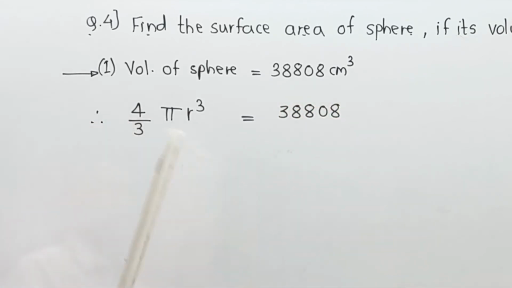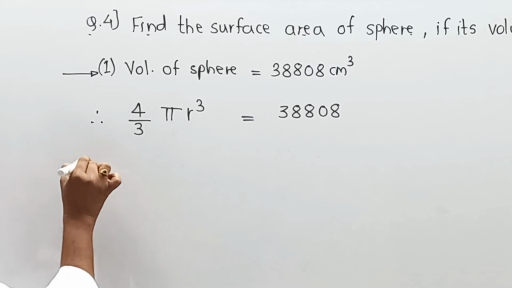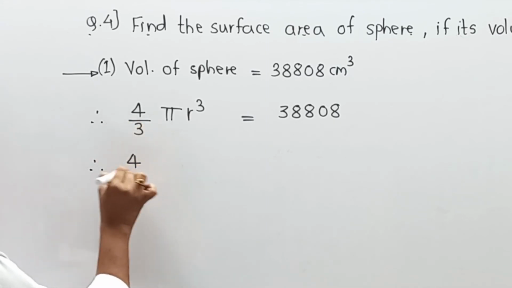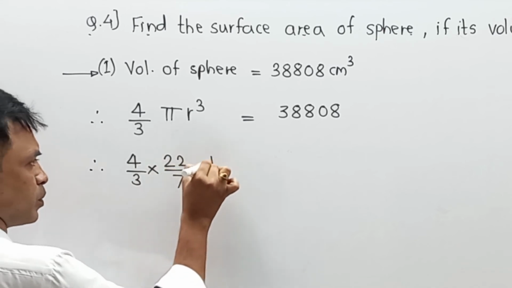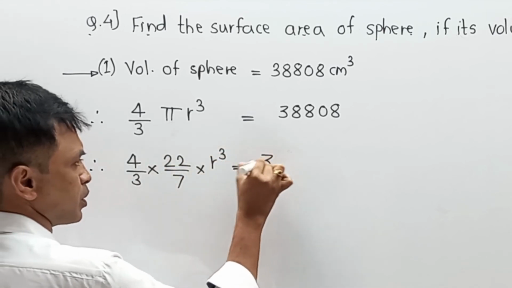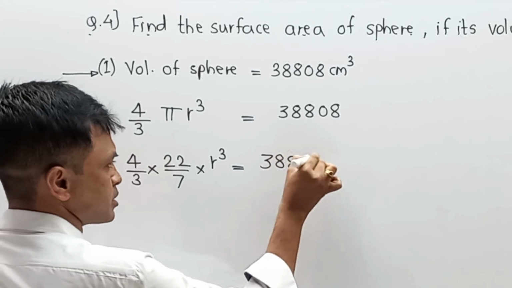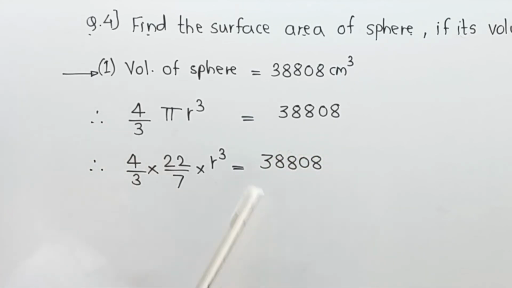Now simplification will start from this step only. If I am going to simplify this part, 4/3 into 22/7 into r cube is equal to 38,808. Now my target is to find r cube, and then with the help of r cube I am going to find r.